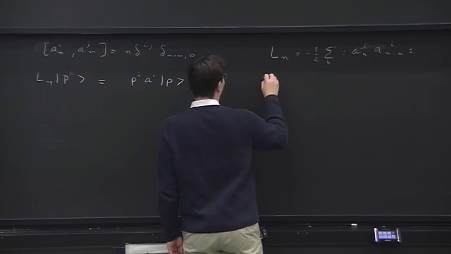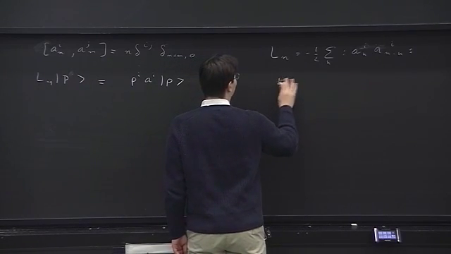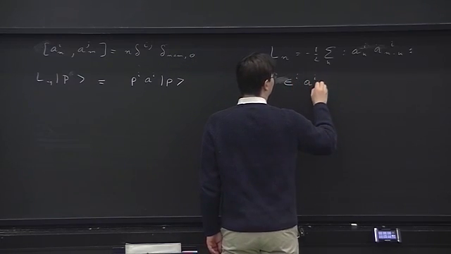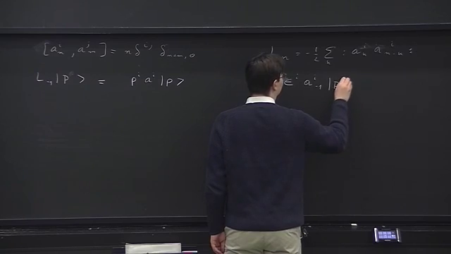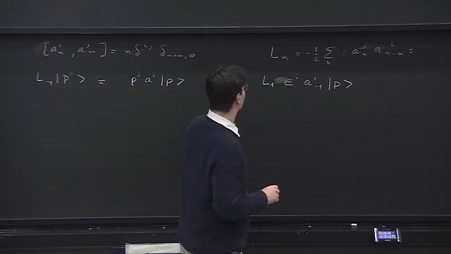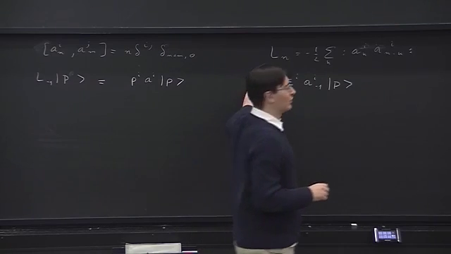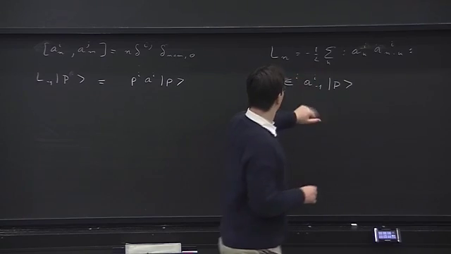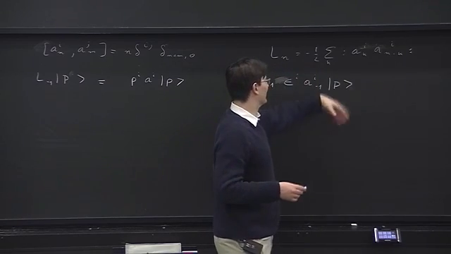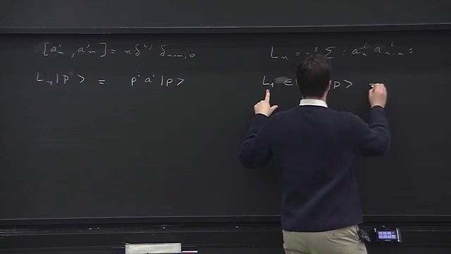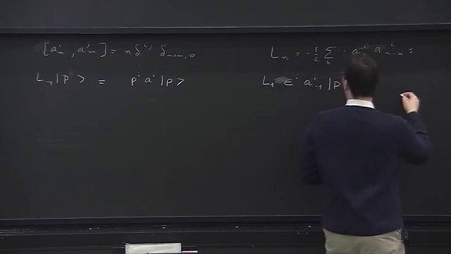I can take a state, let me write this. So let's check if a state like this can be killed by L1. It's surely killed by L2, L3, and so on, because they would try to make it have negative energy. But when you compute L1 over this state, you get something like this.